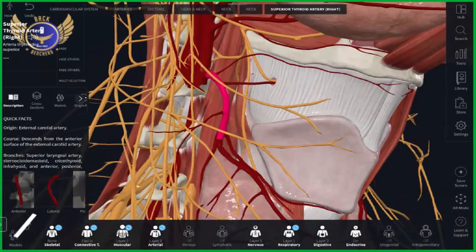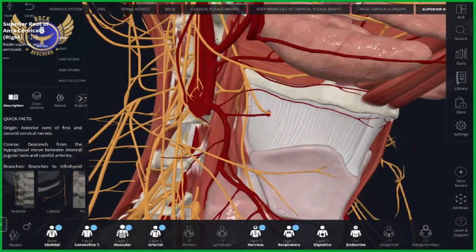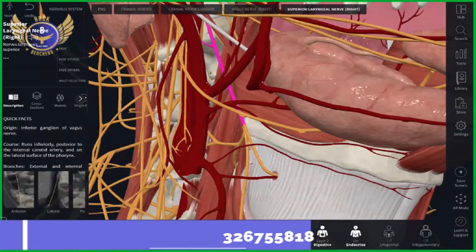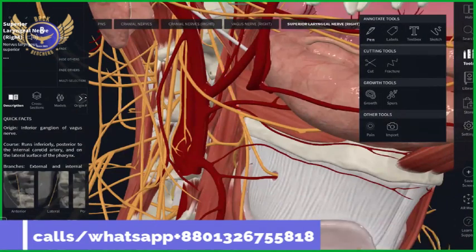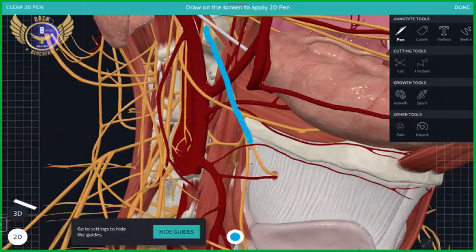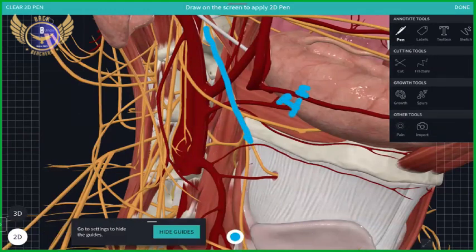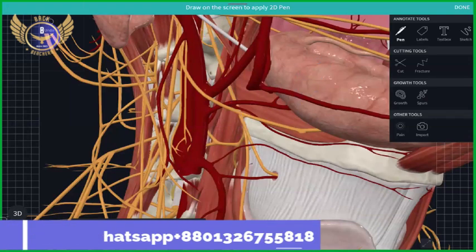As I have not told you about the nerves, see, the vagus will give branches to the larynx, two branches, superior laryngeal and inferior laryngeal. Let's talk about the superior laryngeal first. The superior laryngeal will come from above.